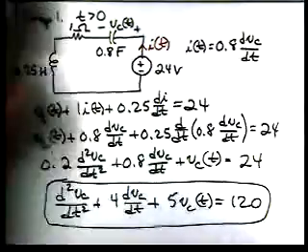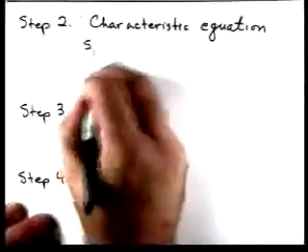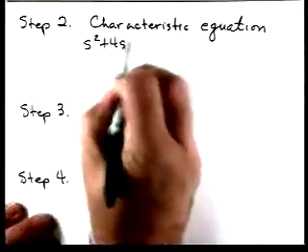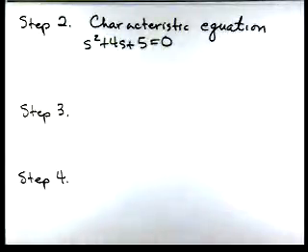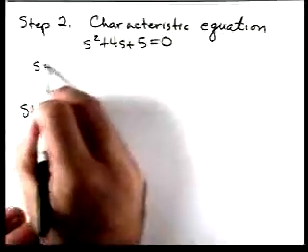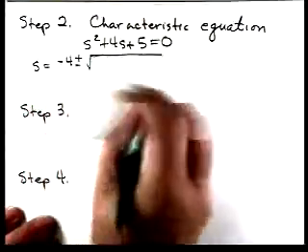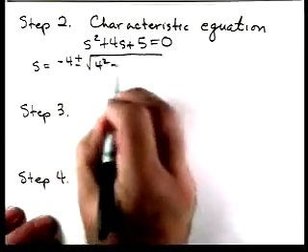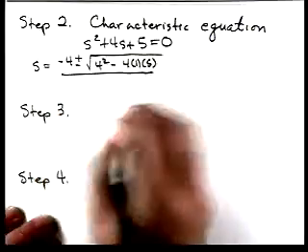Now, our next step is, okay, what's the characteristic equation? And our characteristic equation is s squared plus 4s plus 5 equal to 0. If we use the quadratic equation, we'll have minus 4 plus or minus the square root of 4 squared minus 4 times 1 times 5 over 2.